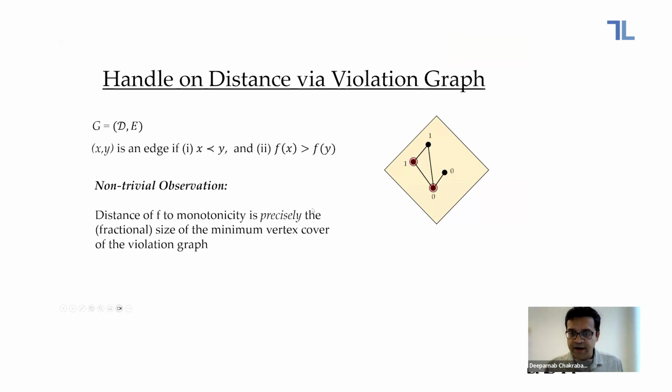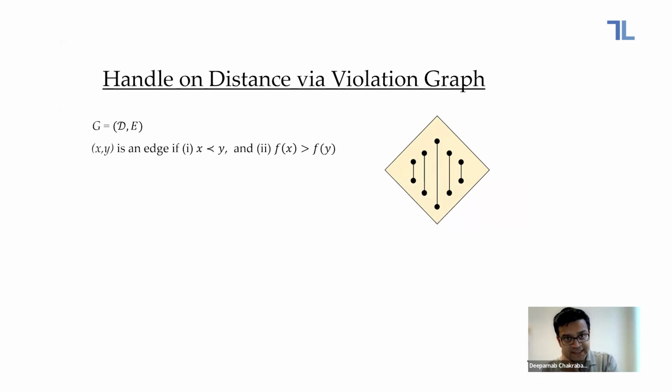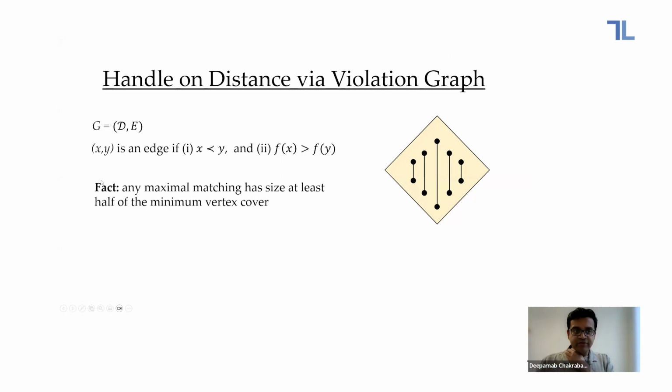So distance is equal to vertex cover. But vertex cover is also a hard object. So what one looks at is actually matchings. Here is the fact: any maximal matching has size at least half of the minimum vertex cover.